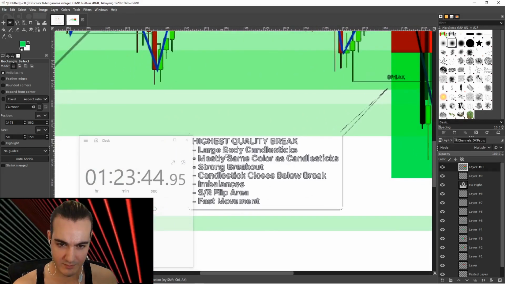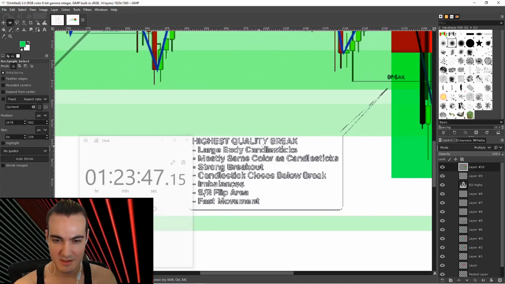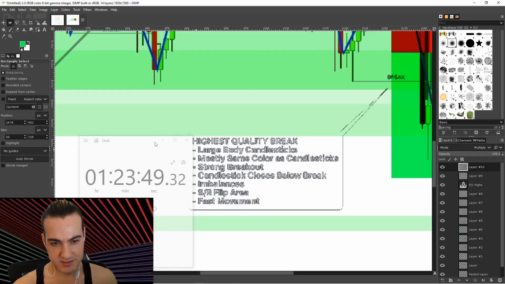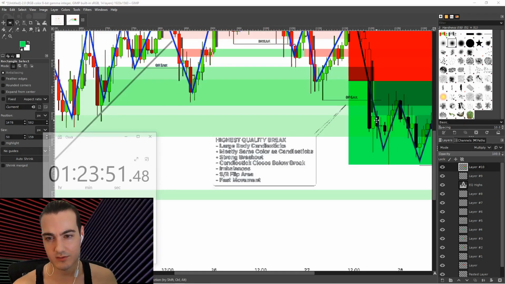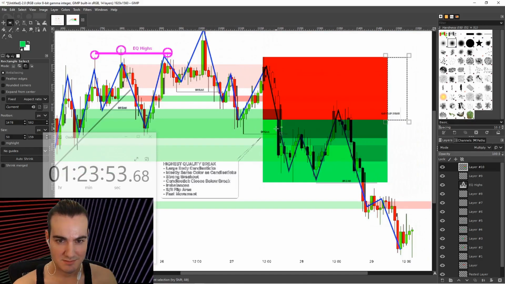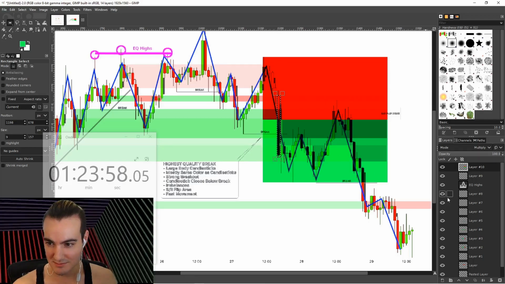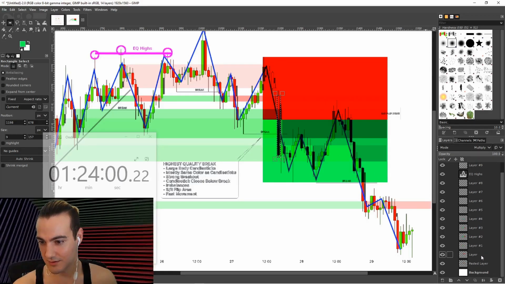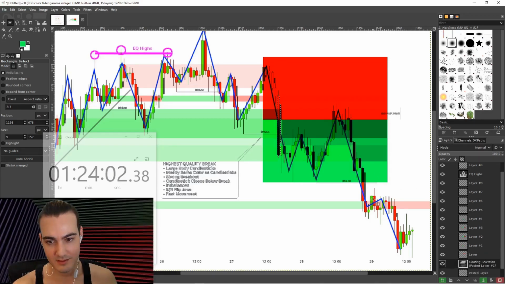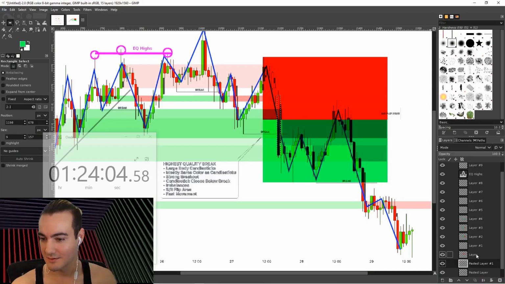So we'll walk through his high quality break checklist step by step. Large body candlesticks. Yeah, I think this is the largest candlestick body on the chart.